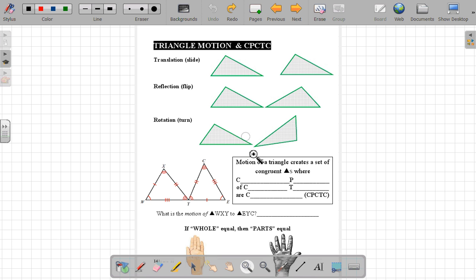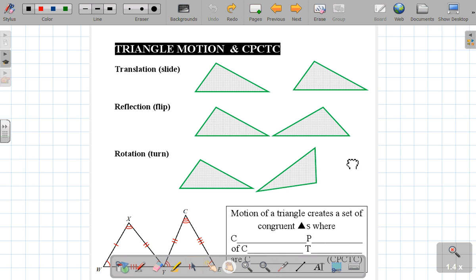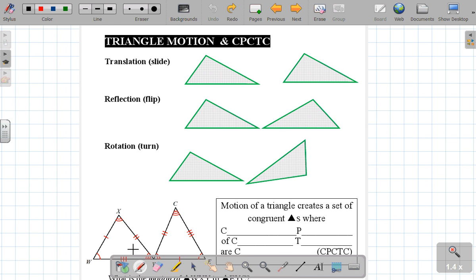All righty, welcome back. There are 3 motions in geometry. The first motion, just take your pencil right here, draw straight to the right, and write the word slide. If we slide something left to right, the fancy word for that is translation.